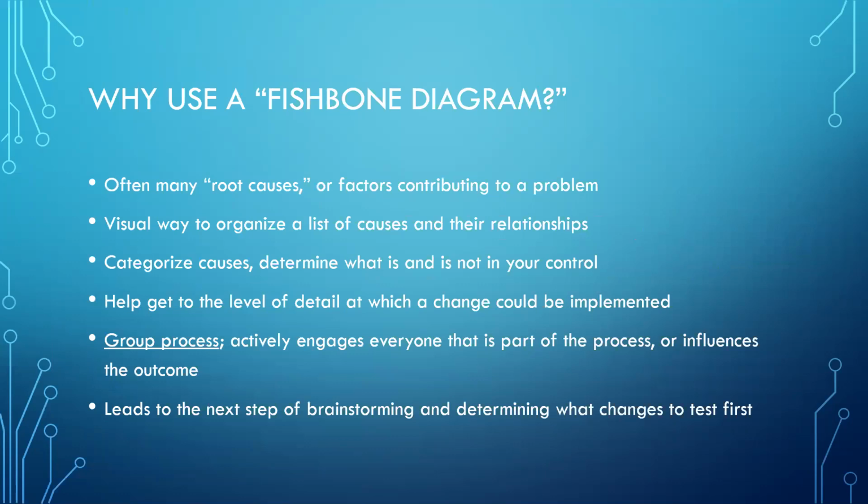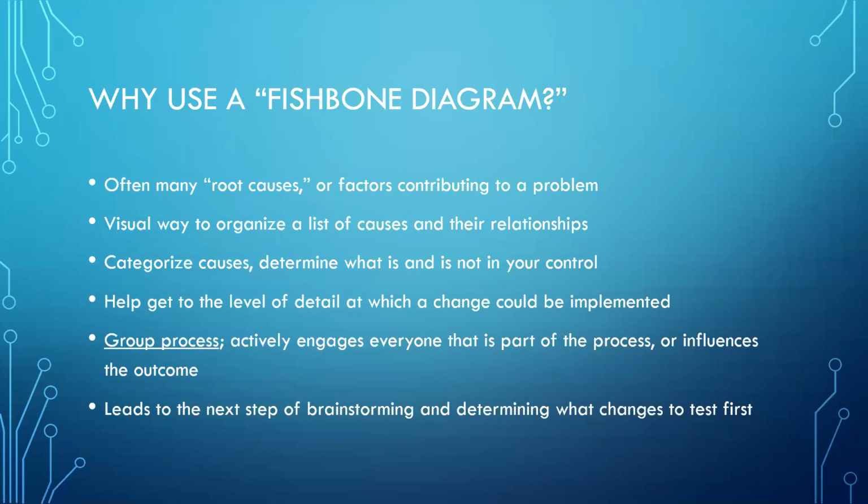Just like the root cause analysis that Kristen described, the fishbone diagram process is very much a group process. It's not only important that you have all the right people when you're doing the cause and effect diagram, but I have found that doing it really helps to engage people in the quality improvement process.